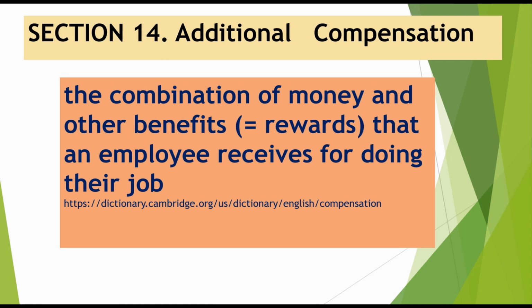How about the additional compensation? By the way, let us define first what compensation is. When you say compensation, it is the combination of money and other benefits that an employee receives for doing their job.